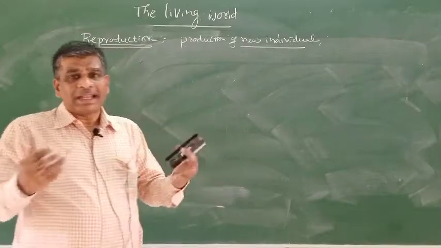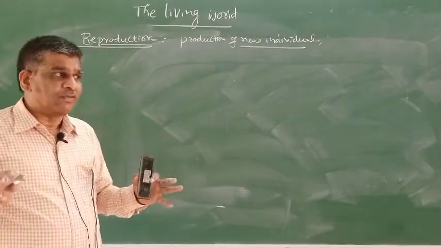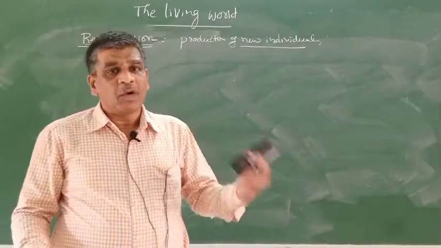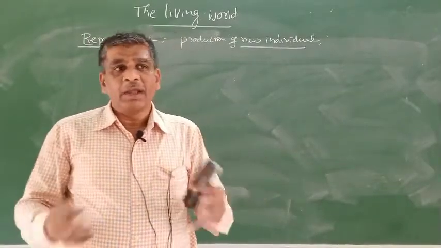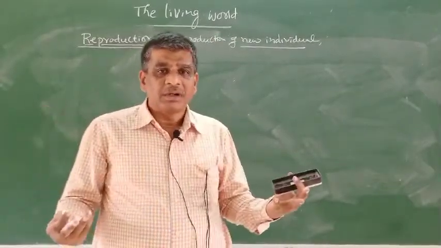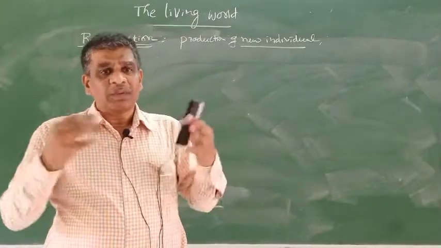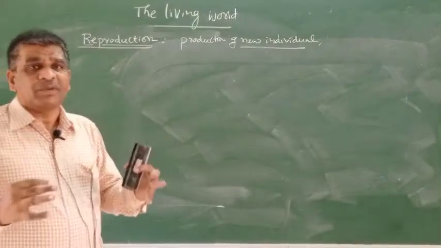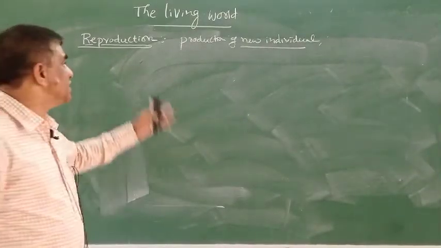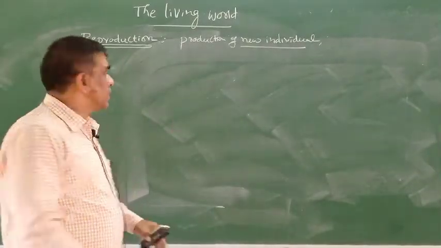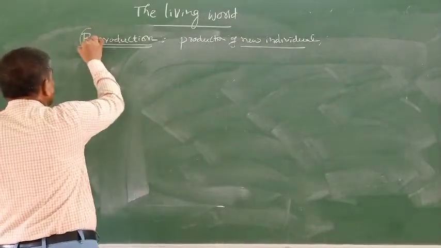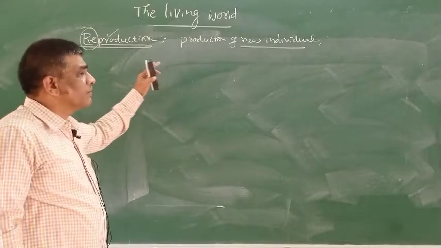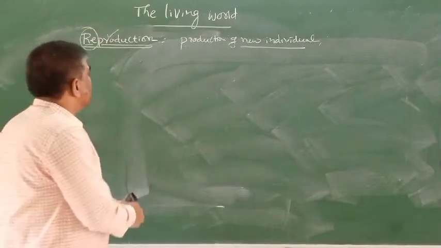For example, a cat can produce a cat itself, a lion can produce a lion only, a tiger a tiger only, a mango plant can produce mango only. A mango plant cannot produce a neem tree, or a lion a dog. So production of new individuals of their own kind is called reproduction.